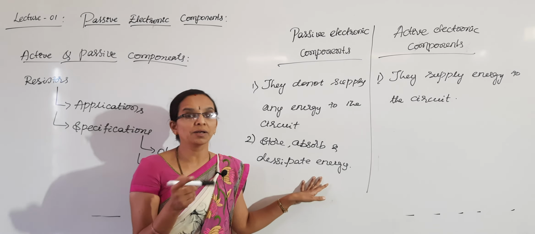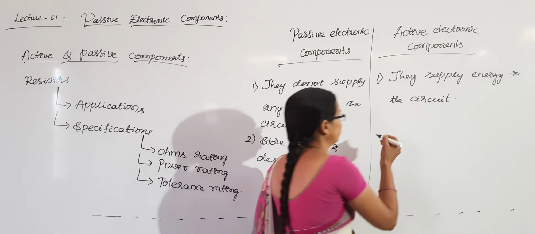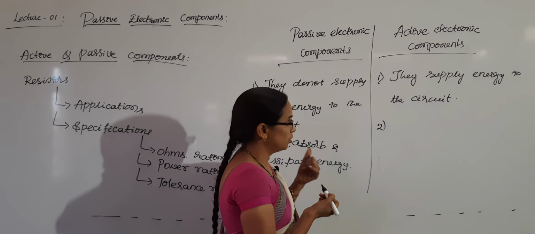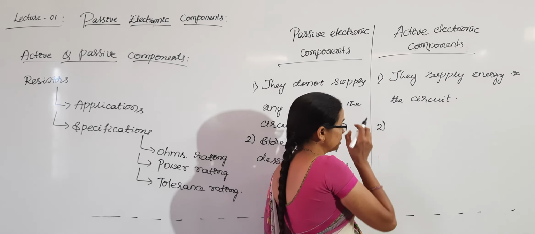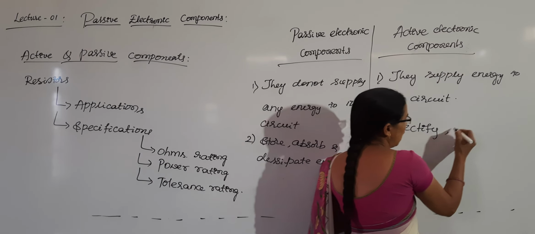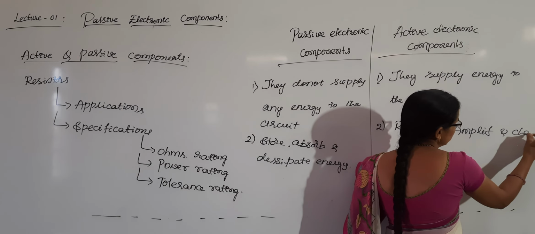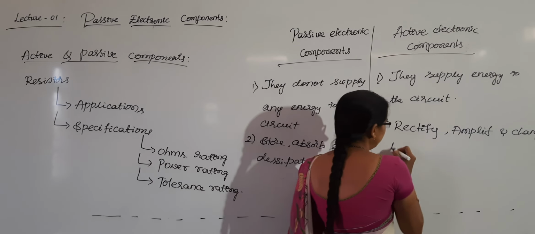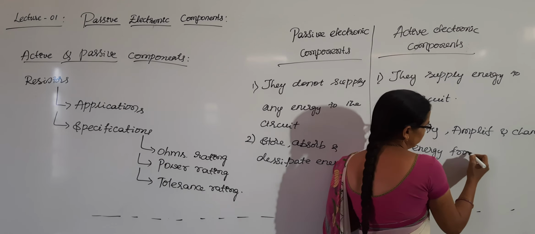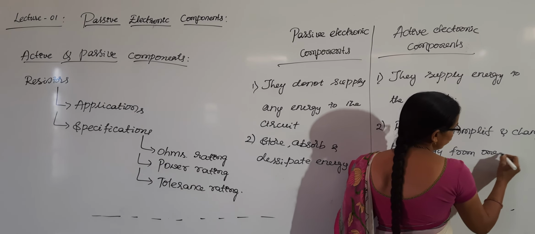You might have heard of power dissipation, so they can dissipate energy. Whereas active components rectify, amplify and change energy from one form to another.